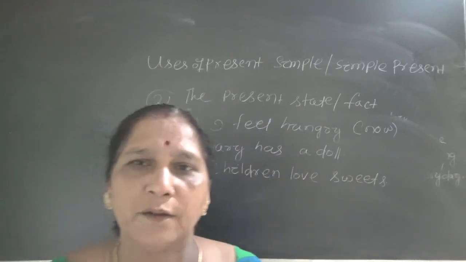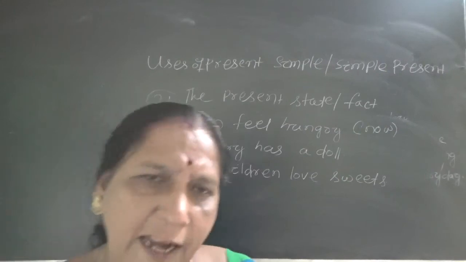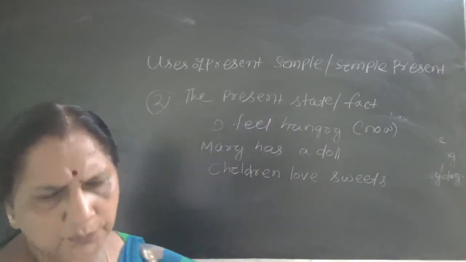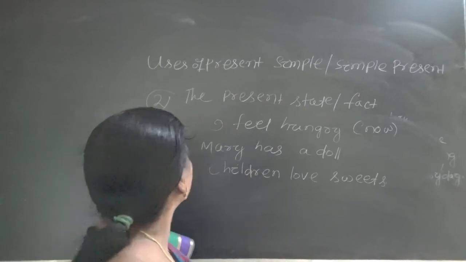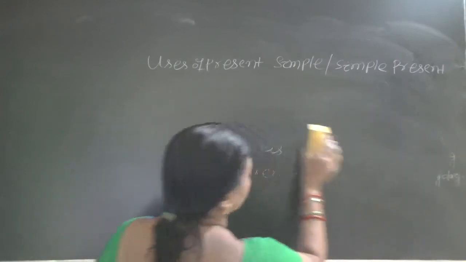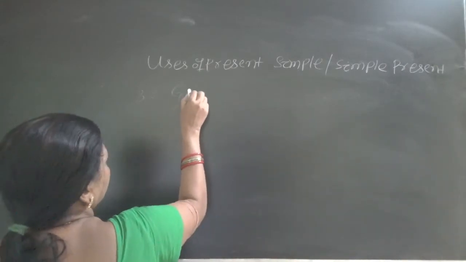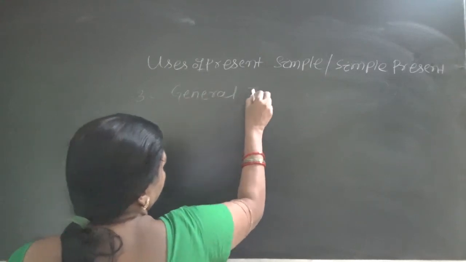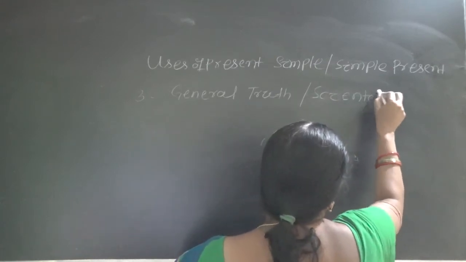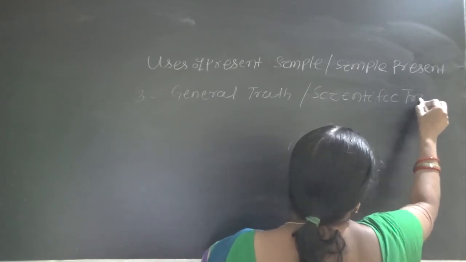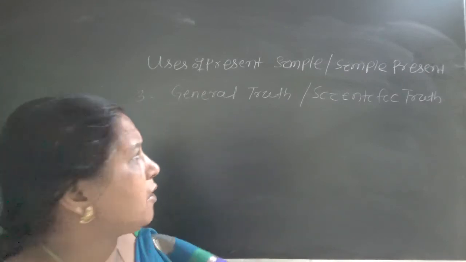Then we can use present simple for general truth or scientific truth. Cows eat grass.